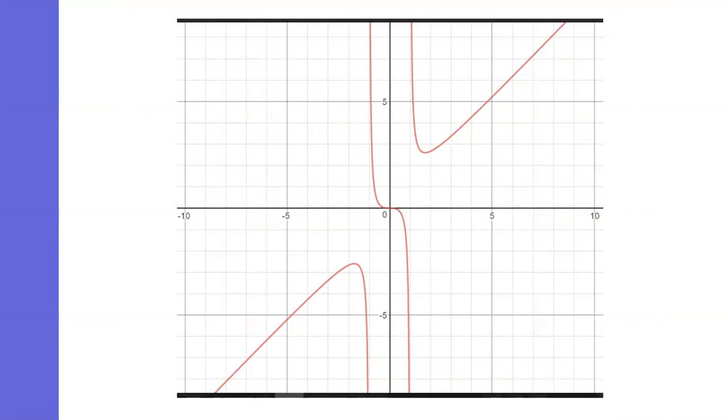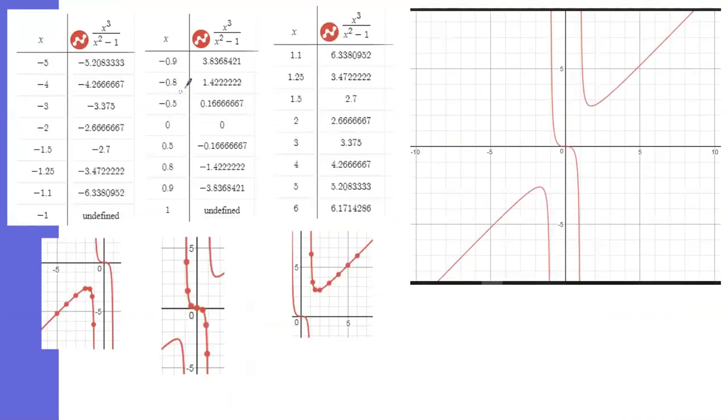And if you want more specific values for your table of values, notice I have a lot of points that I ran through here. So the negative 0.9, you should be at about 3.83. The 3.8 is enough. Plot that point. We already have the (0, 0) at the y-intercept. 1 is, of course, undefined.